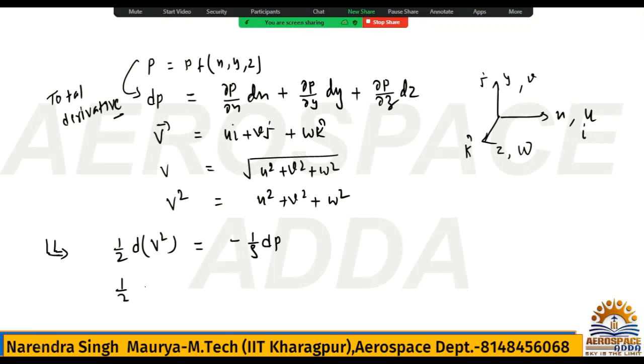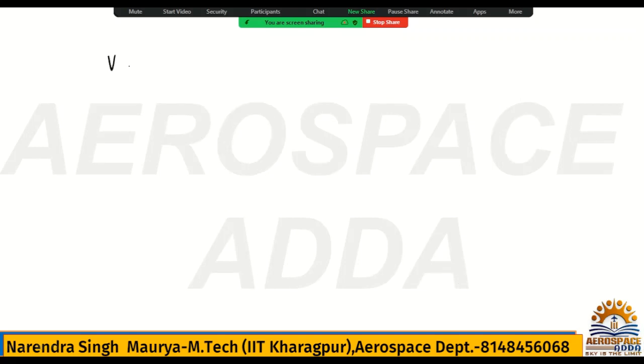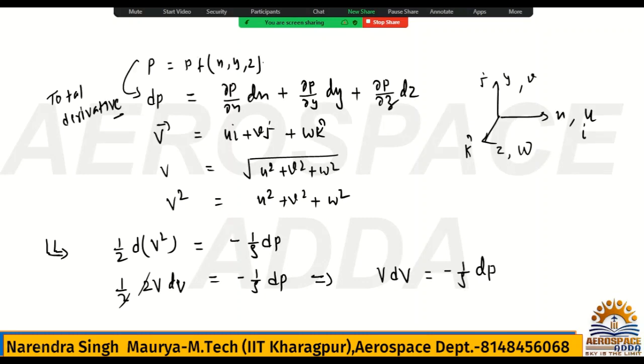If you differentiate V square, what will you get? 2V dV, so 1 by 2 times 2V dV is equal to minus 1 by rho dp. The 2 cancels out. It is V dV equals minus 1 by rho dp, or V dV plus 1 by rho dp equals 0. Yes or no? Check this equation.